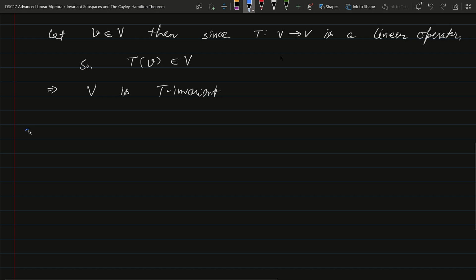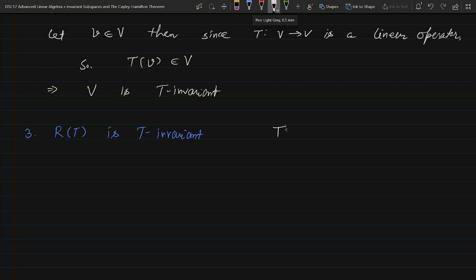So we have the third one, that the range of T is T invariant. How can we prove that? We know range of T is defined as, we are again supposing that T is defined from V to V. Suppose we have this V to V, and for this we have this as the range of T. It may be possible.